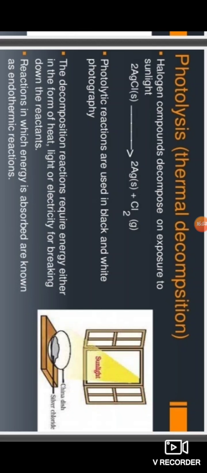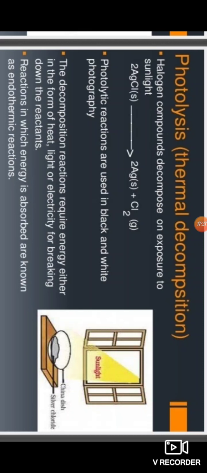In the presence of sunlight, silver chloride decomposes and splits into silver and chlorine. And likewise, in the presence of sunlight, silver bromide decomposes and splits into silver and bromine.